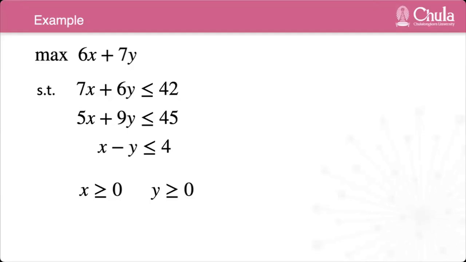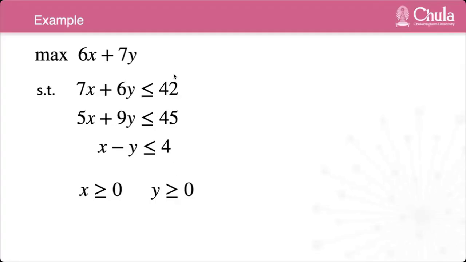Okay. So you see that this problem can be solved by the simplex method. Okay, just phase two. You don't need the two-phase algorithm, right? Because all constraints are in canonical form, right? And the right-hand sides are all positive, right?